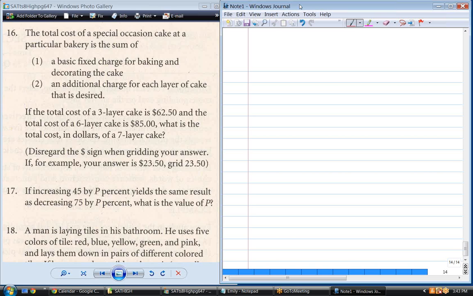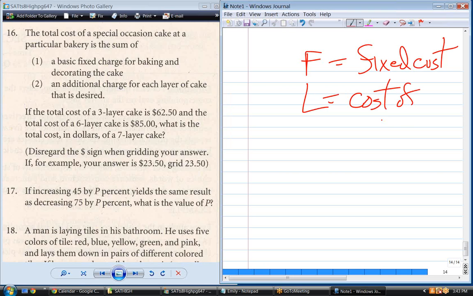It's amazing how effective it is just to define your variables. So let's let F be the fixed cost, and let's let L be the cost of each layer. So the total cost of a 3-layer cake is $62.50. What kind of an equation can I write there?